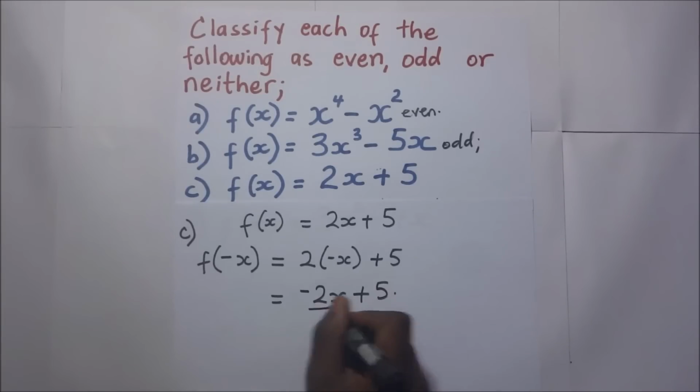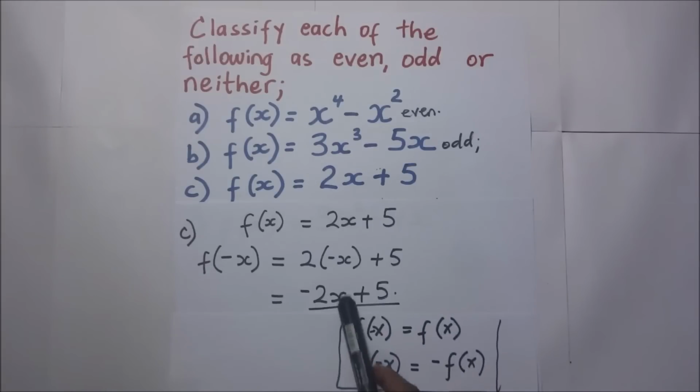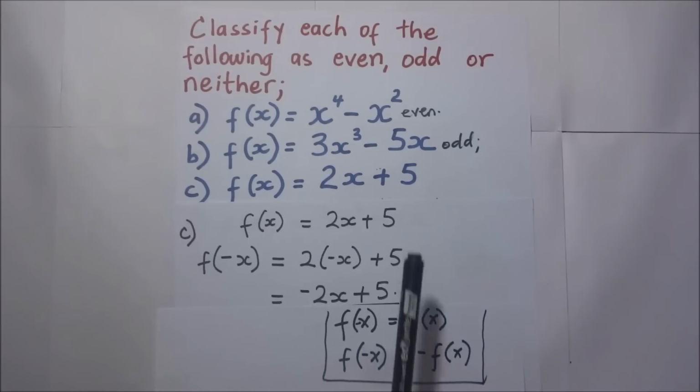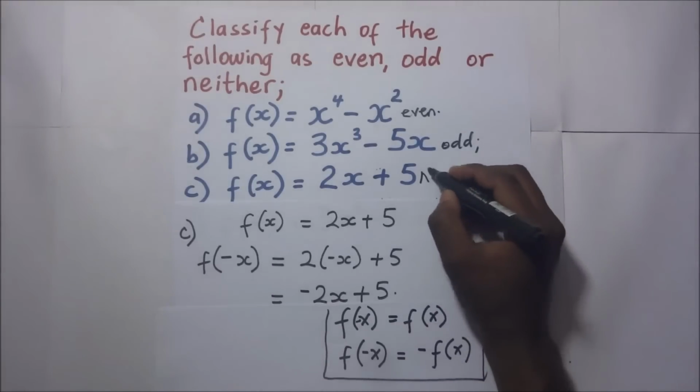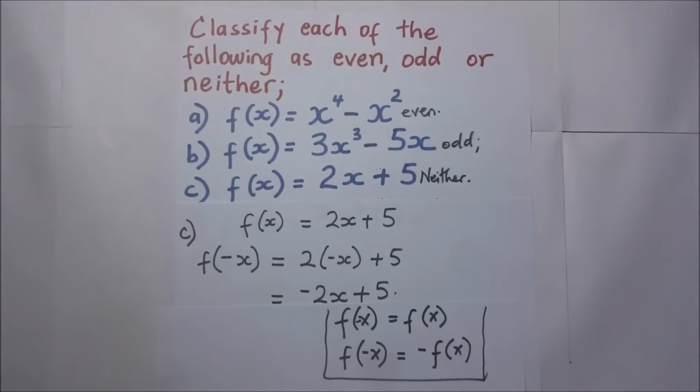Now definitely this does not satisfy either of these conditions. So that means the function in part C is neither odd nor even.